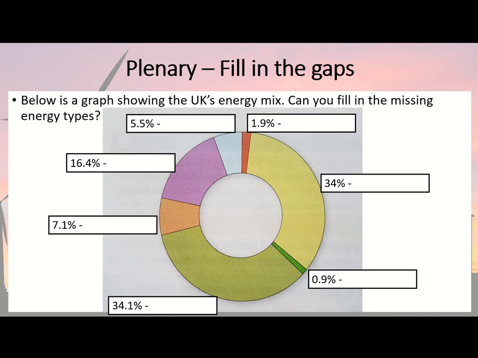But also the key thing and the most important part of today's lesson is that you identify the reasons why energy mixes vary from country to country. So think about the population size, think about the wealth, think about how available the energy is when it comes to maybe looking at exam questions, because these are going to be the business end of the exam paper when it comes to the energy topic. So you really need to make sure you brush up on these skills.